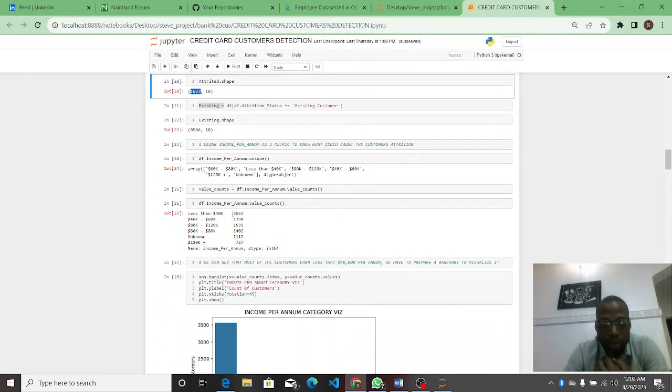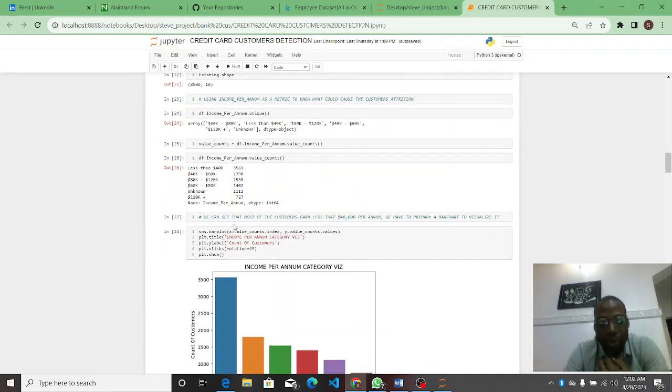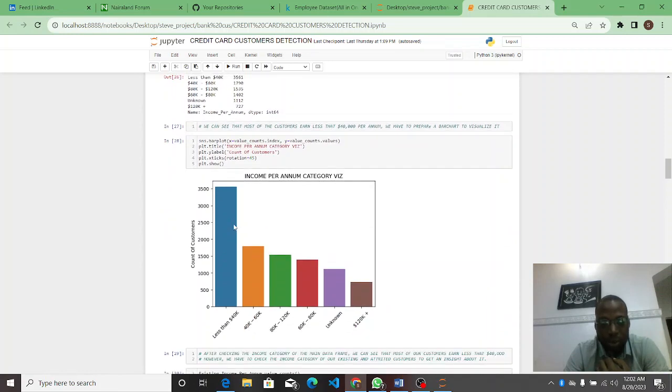The value count pointed out that most of our customers earn less than 40k per annum. I also did a visualization to show that for a fact most of our customers earn less than 40k per annum.